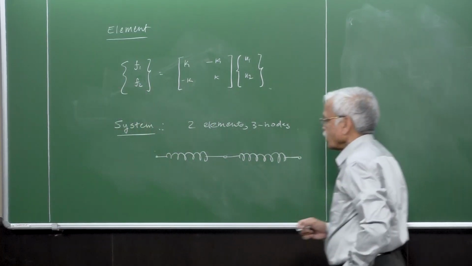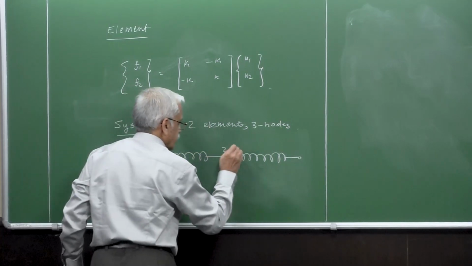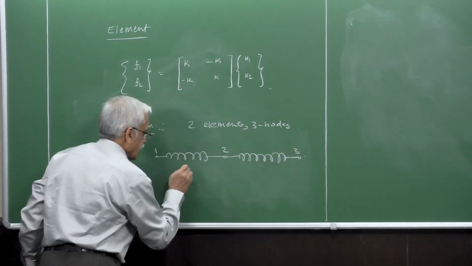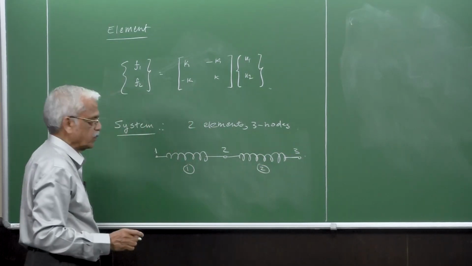So this is the system. We have node 1, node 2, node 3, and this is element 1, this is element 2.